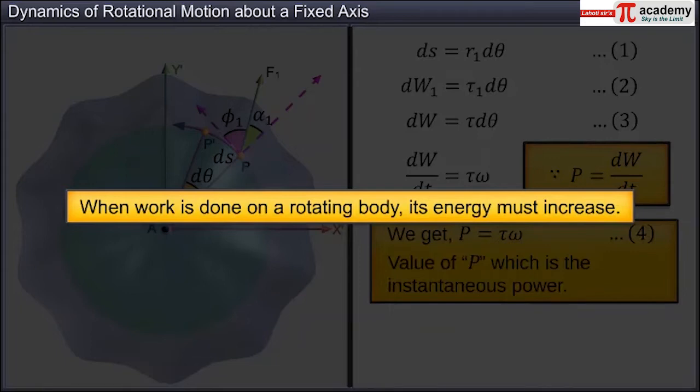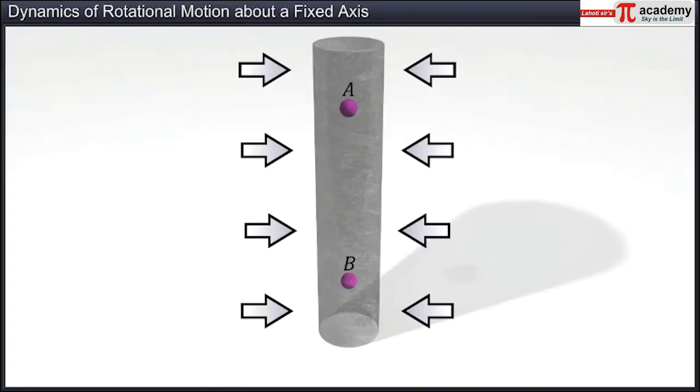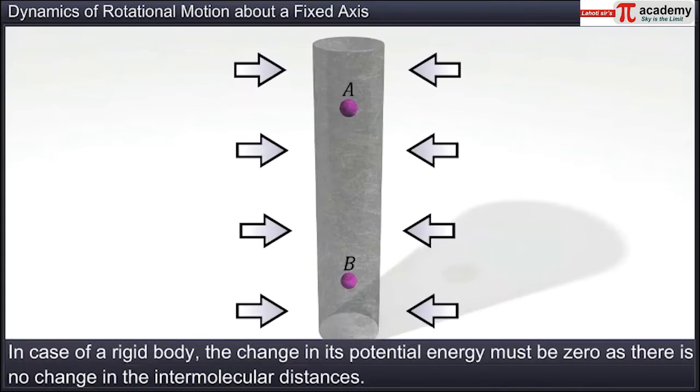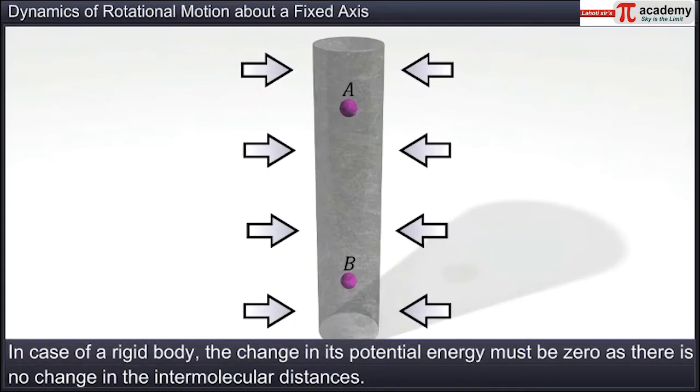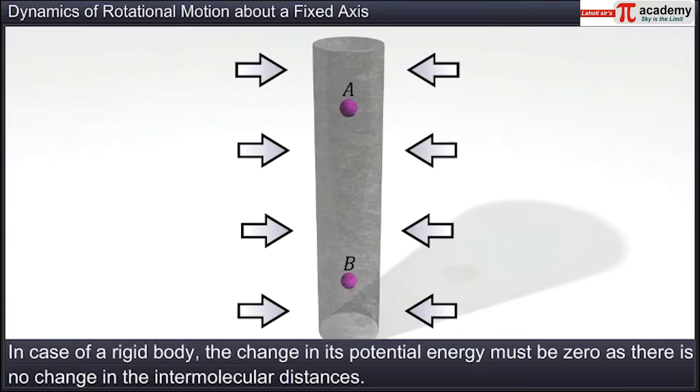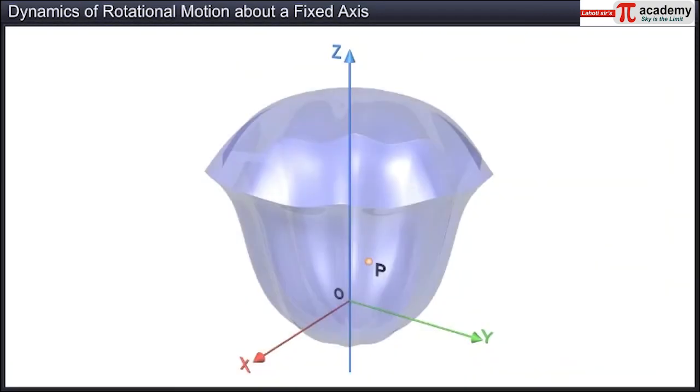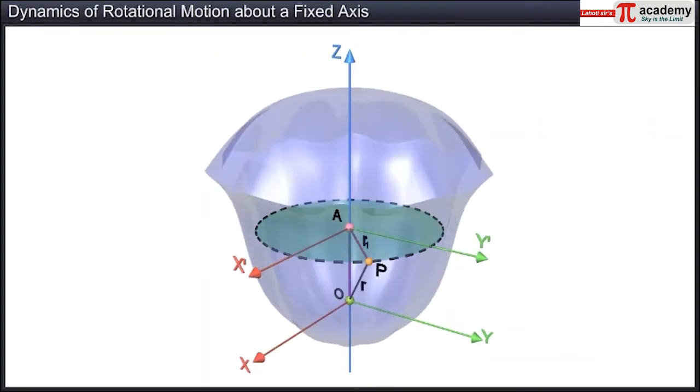When work is done on a rotating body, its energy must increase. However, in the case of a rigid body, the change in its potential energy must be zero, as there is no change in intermolecular distances. Hence, the increase in energy when work is done on a rotating rigid body increases the kinetic energy of the body.